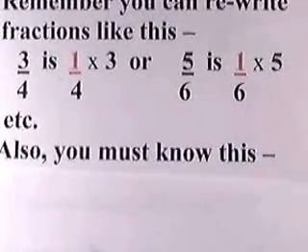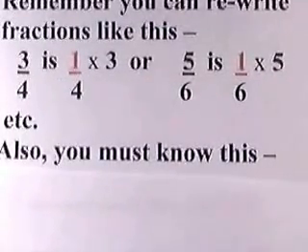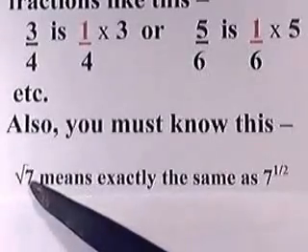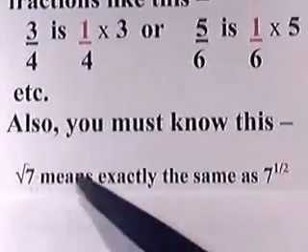Now, unfortunately, this next bit does not come out very clearly with the camera, so I'm going to have to enlarge it in a second. But I want to show you something which is very, very important. If you take the square root of a number, here I've taken the square root of 7, this means exactly the same as 7 raised to the power of a half.